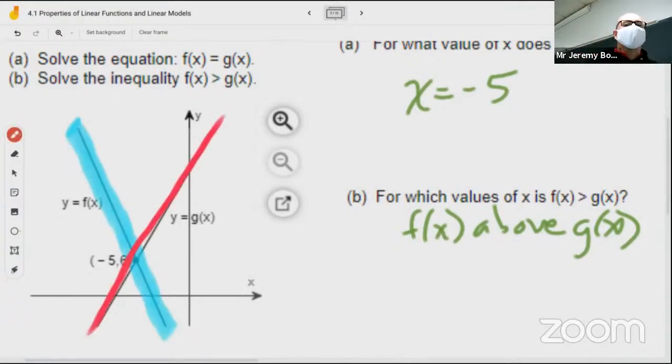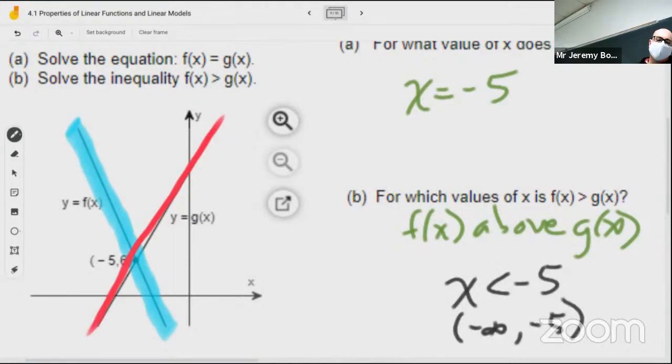Where is f of x above g of x? Where is f of x greater than g of x? Well, the blue is above it over here, which for those x values stops right here where they intersect, but it's everything to the left of that x value. So for which values of x is f of x greater than g of x? Everything to the left, where x is less than -5, where they intersect, and we can write that as negative infinity to -5 in interval notation.